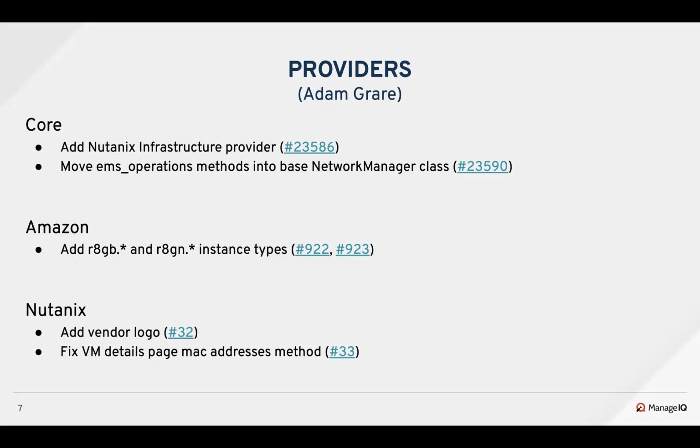There are two providers, which you'll see later, which had them essentially copied and pasted in their own child network manager, but the queue methods are completely generic, so we were able to move them up and delete some code there. Amazon added a couple of new instance type classes, so we added both of those. For Nutanix, we added a vendor logo and also fixed a bug on the VM details page where it was not correctly summarizing the list of MAC addresses for the guest devices.